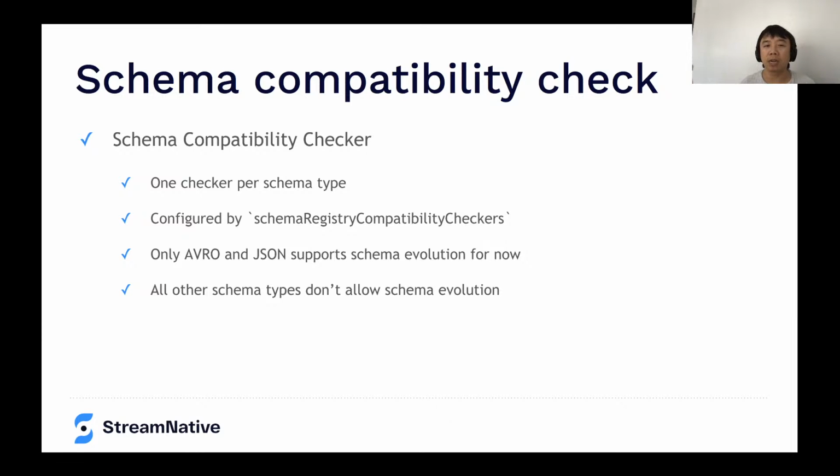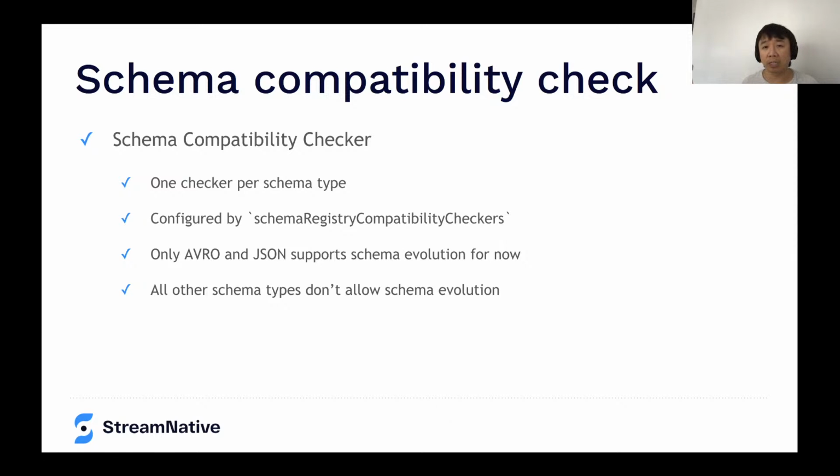So the currently supported schema evolution is only Avro and JSON. We might support Protobuf in some form, but Protobuf is a bit different from Avro and JSON, so we still need to figure out what the schema evolution story is there. But at this moment we only have compatibility checks for Avro and JSON. So this is the concept of compatibility check.